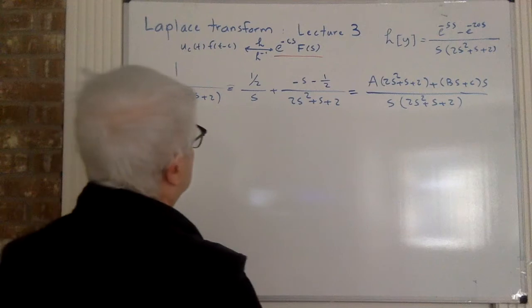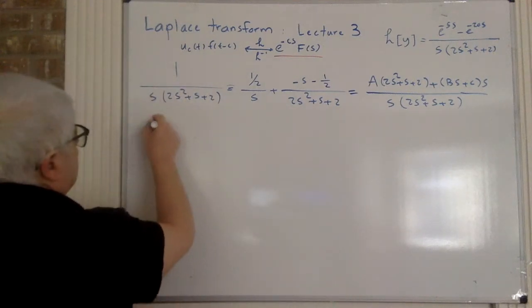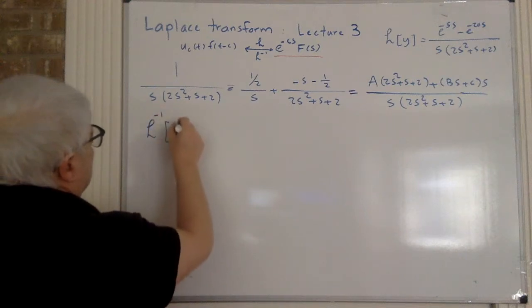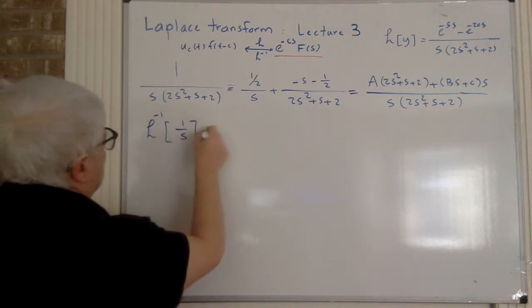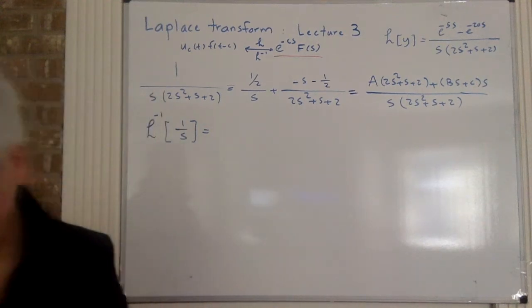I need L inverse of each one of them. So L inverse of 1 over S. L inverse of 1 over S, what was that? That was 1, I guess.